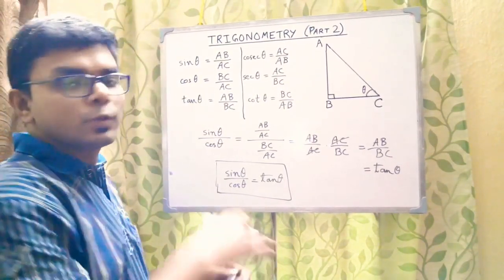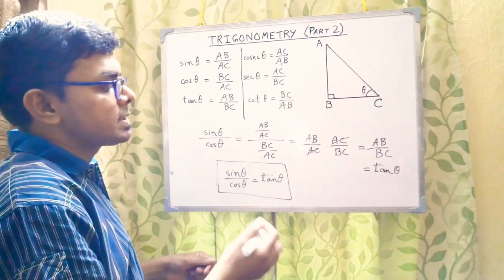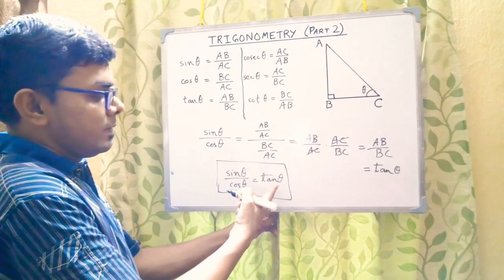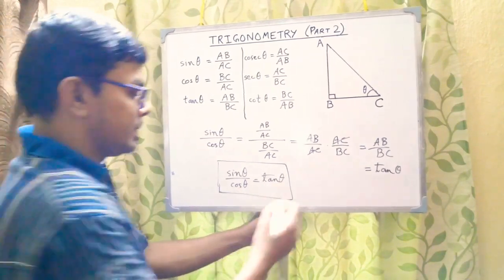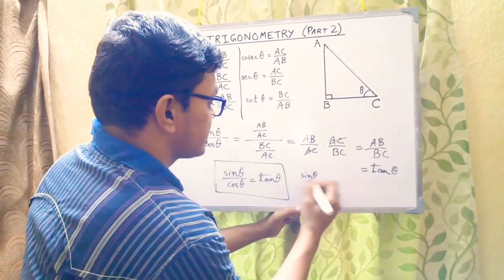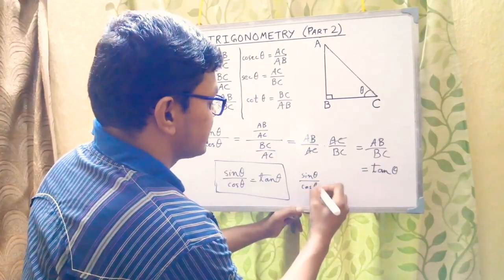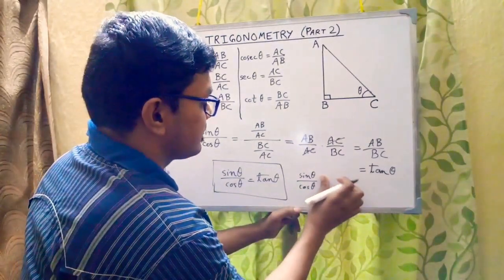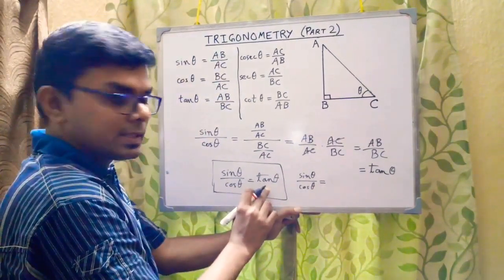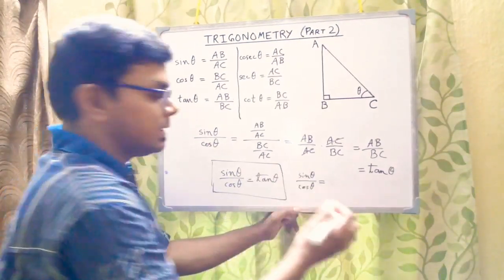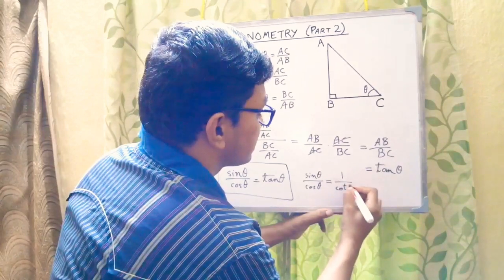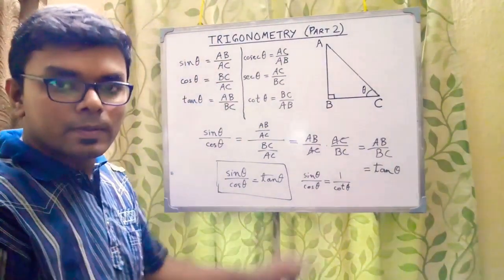Now we also learnt in the first video that 1 by tan theta equals cot theta. So here again sin theta by cos theta equals tan theta. Now in place of tan theta I can write 1 by cot theta, right?